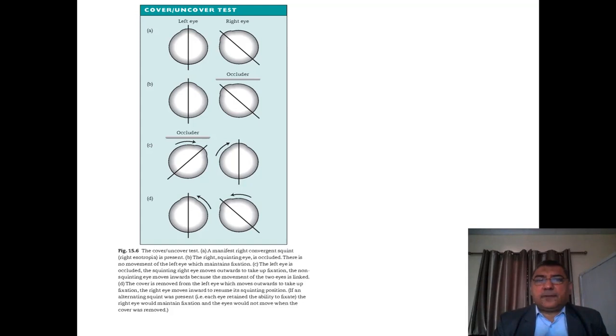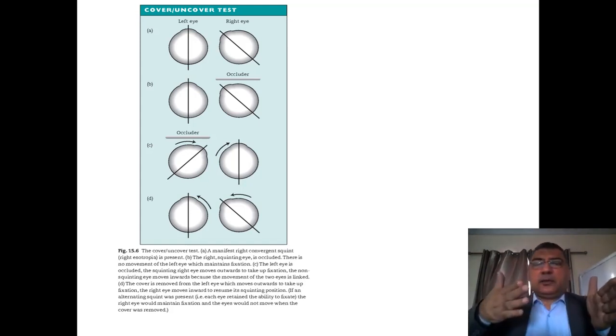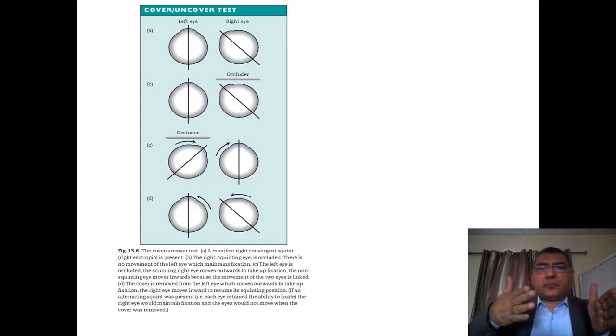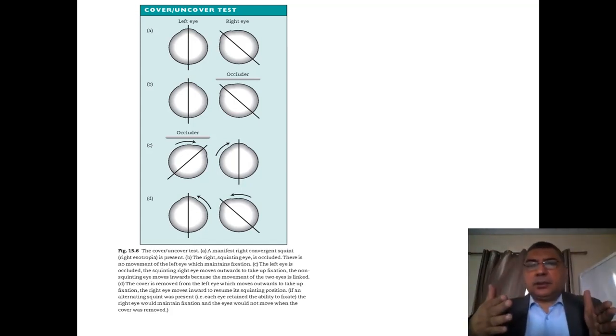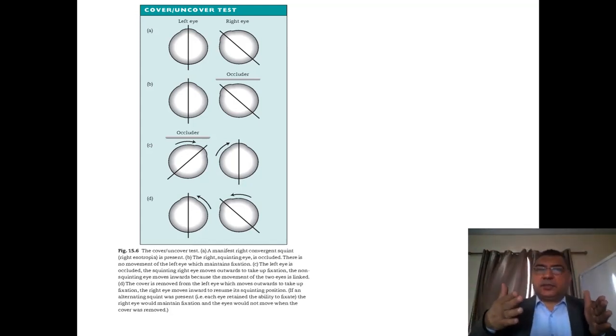First of all, if the child is presenting with a manifest strabismus, for example, the right esotropia 15 degrees, we can use the cover test to confirm this deviation and to differentiate it from other types of deviation.